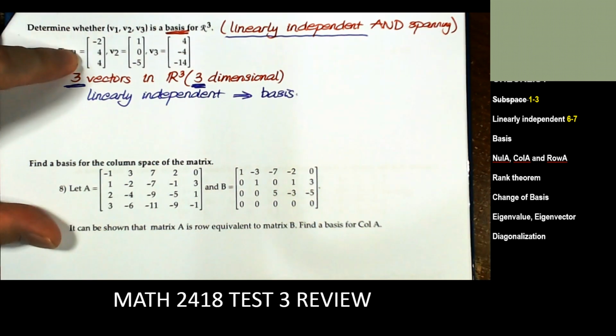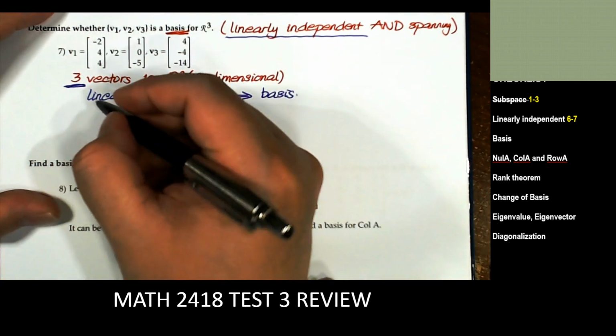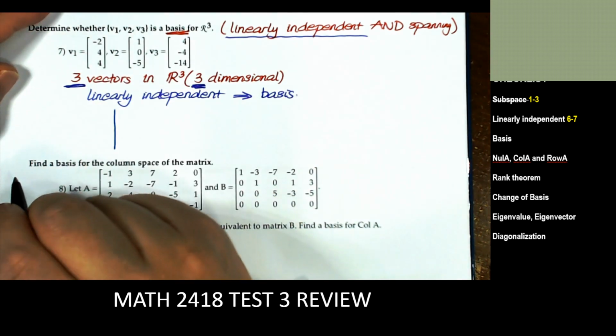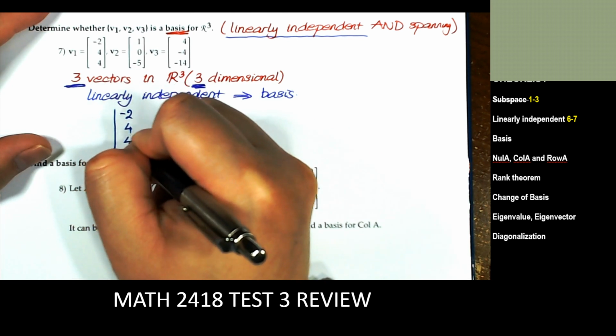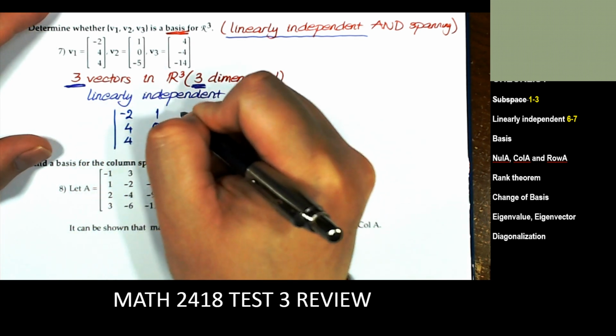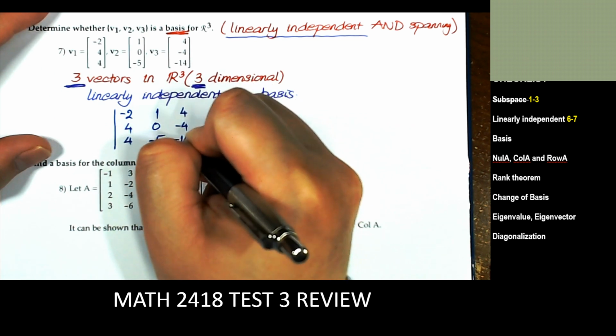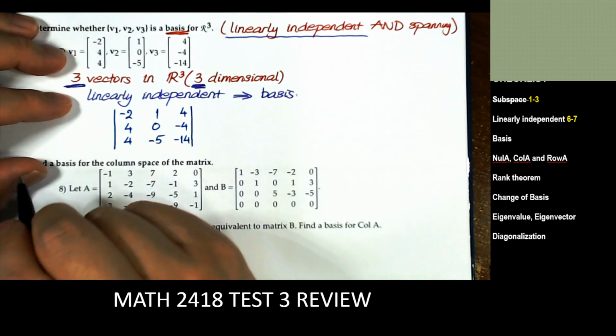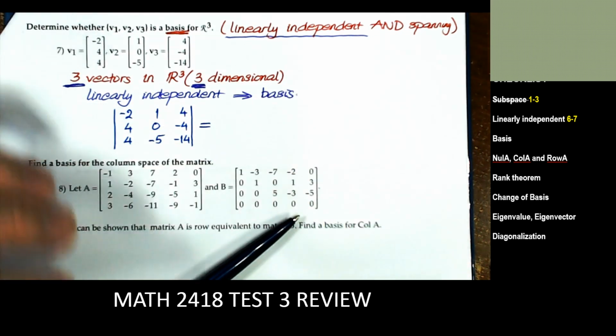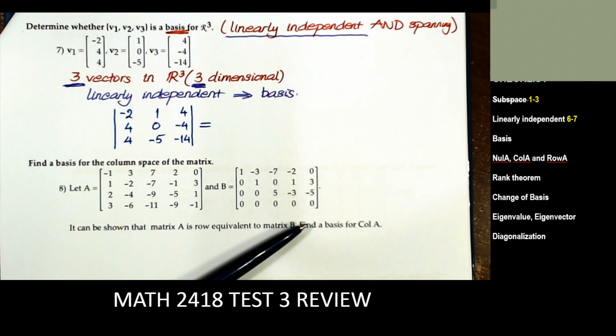So pretty much we just find the determinant of these vectors we put in the columns, and we take the determinant.